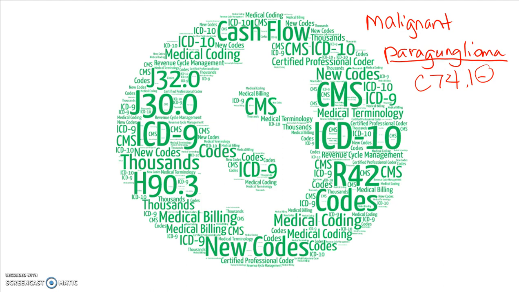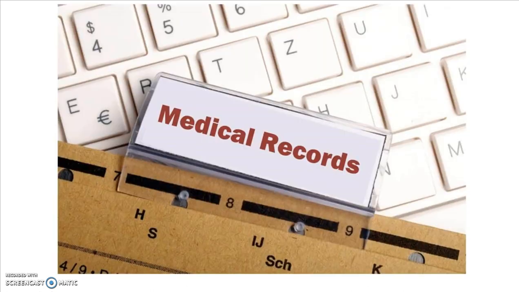So since we don't have any specification as to whether it's the right or the left, the correct code there would be C74.10. So you want to make sure you code to the highest level of specificity, and you also want to make sure that your documentation supports the code that you choose.